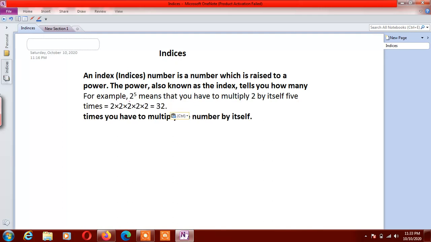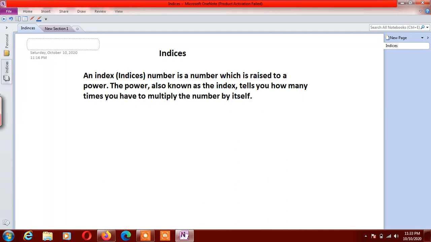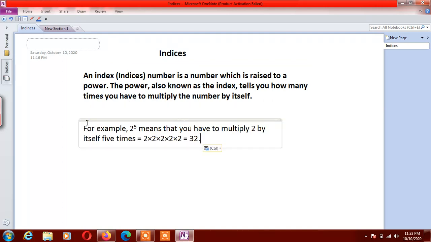For example, 2 power 5 means that you have to multiply 2 by itself 5 times. That is, 2 multiply 2 multiply 2 multiply 2 multiply 2, 5 times, is equal to 32. This indicates the concept of indices.